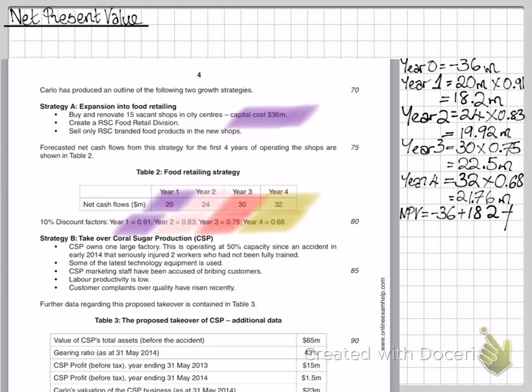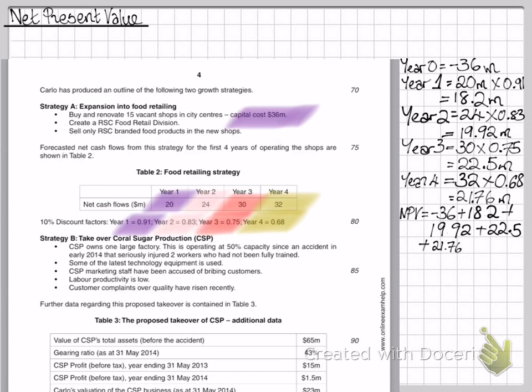plus 19.92 plus 22.5 plus the final cash flow from year 4, which was 21.76.